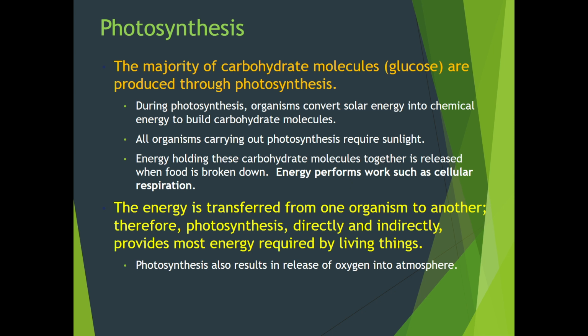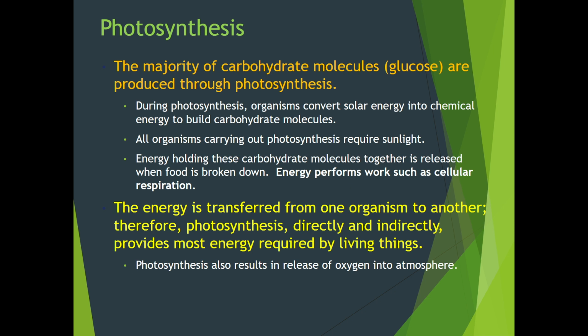But the energy that is transferred from one organism to another is actually going to begin in photosynthesis, because that's where the carbohydrate that's broken down to produce ATP comes from in photoautotrophs. So whether it's directly or indirectly, photosynthesis provides most energy required by living things.